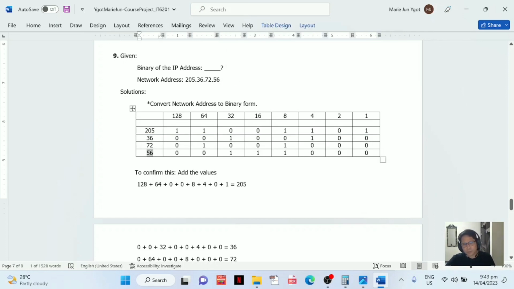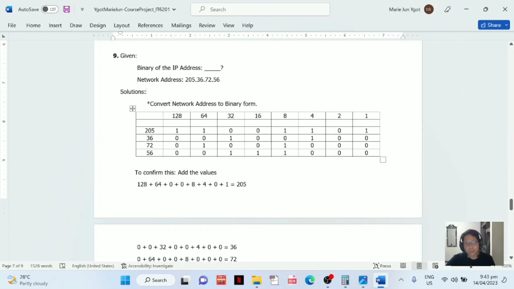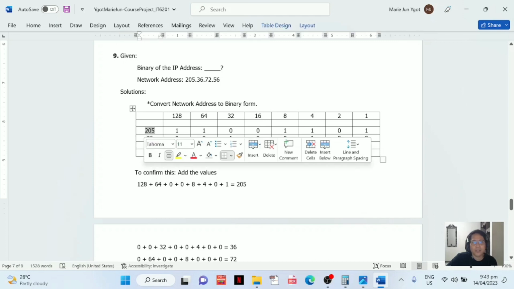Again, we are going to convert this one into binary using our values here. We already know this one. Again, I'm going to ask again, 128, can this one be used in order to get 205?